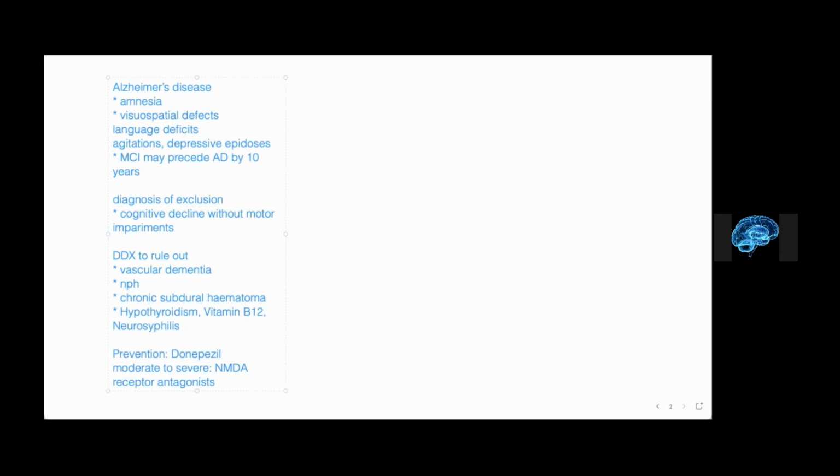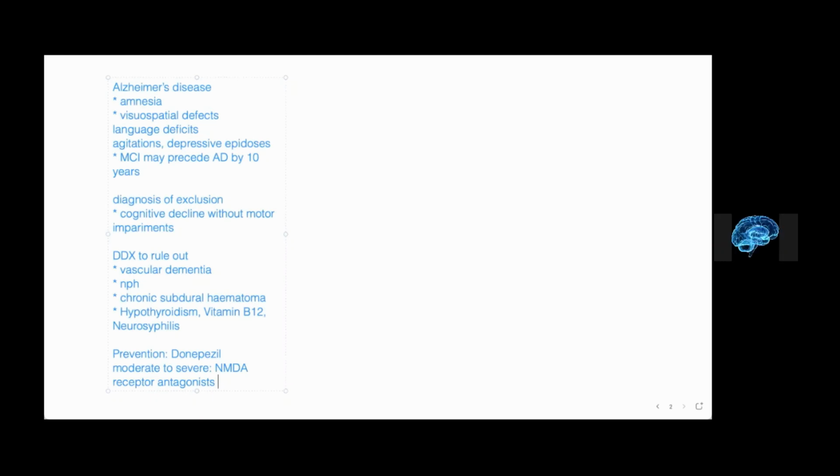And does anyone know why that is the case? So what binds to NMDA receptors? Glutamate? Yeah. Yeah.